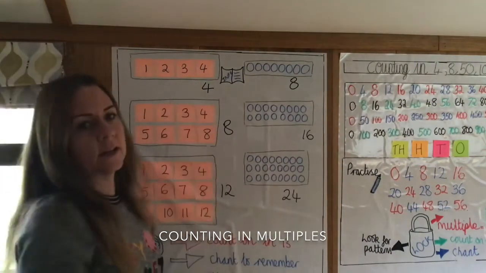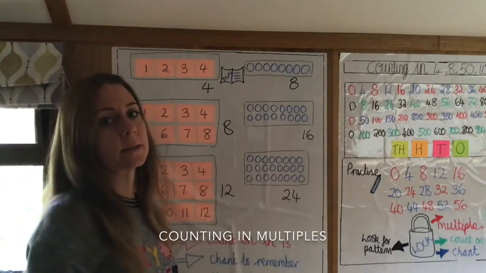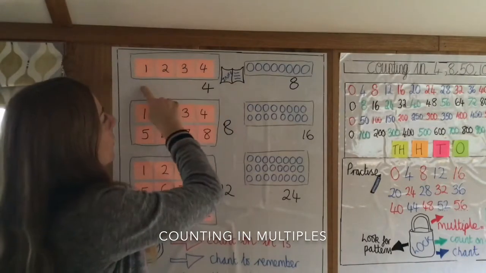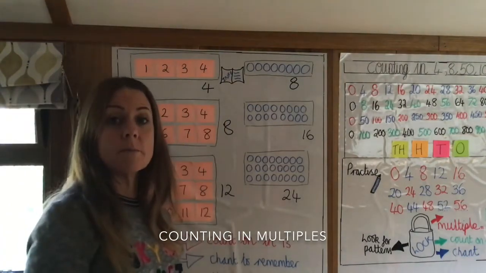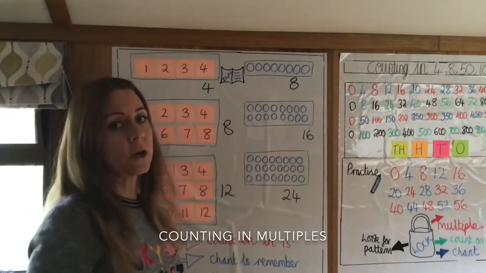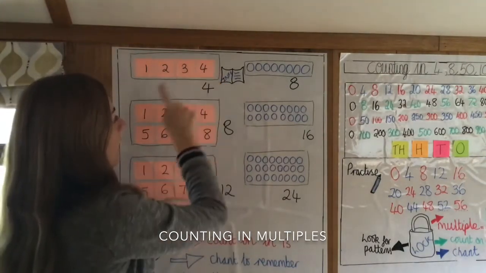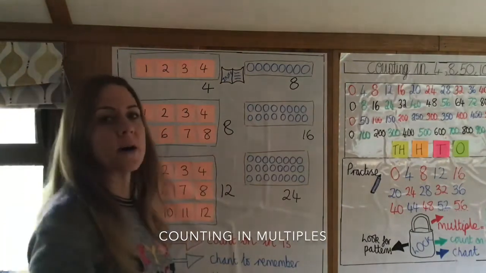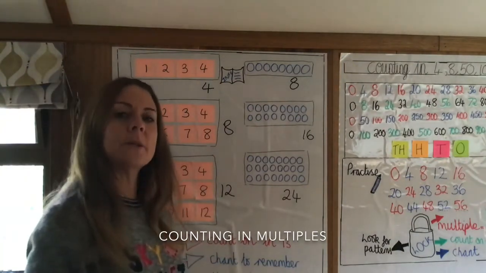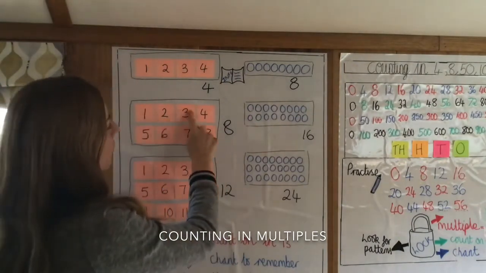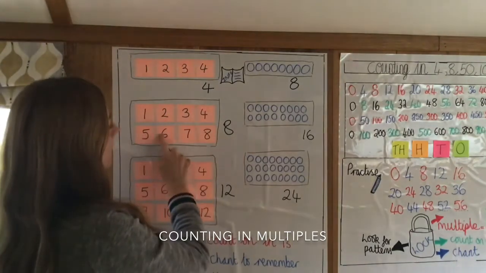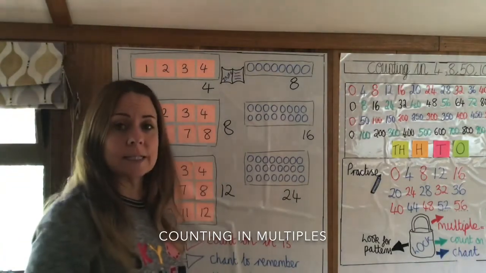Here you can see that there are 4 pink squares. In this group, we have a group of 4, a multiple of 4. So in total, we have 4 squares. In this picture, we have 2 groups of 4. Let me show you. We have one group of 4 here and another group of 4 pink squares underneath.